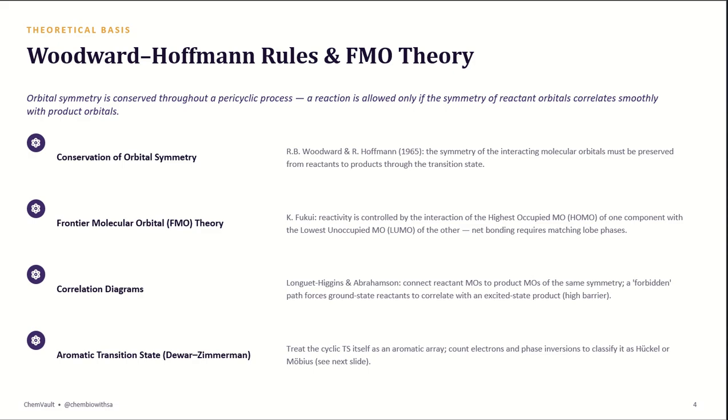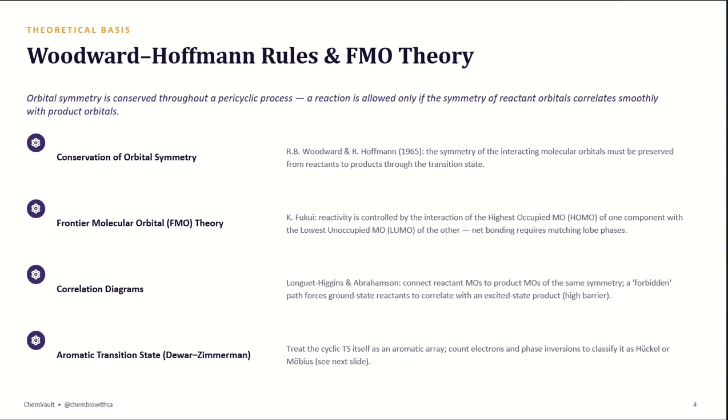And for bonding to happen, the phases of these orbitals have to match up. Longuet-Higgins and Abrahamson gave us correlation diagrams which connect reactant orbitals to product orbitals of the same symmetry, and when a pathway is symmetry forbidden, it forces the ground state reactant to correlate with an excited state product, which means a very high energy barrier.